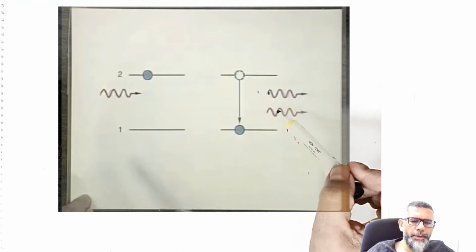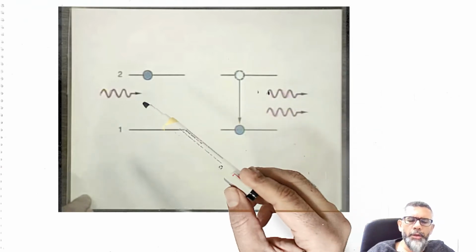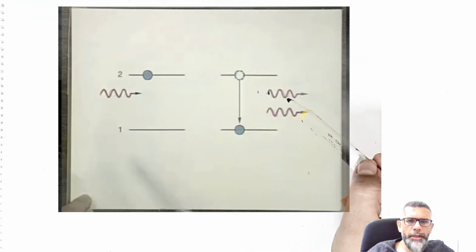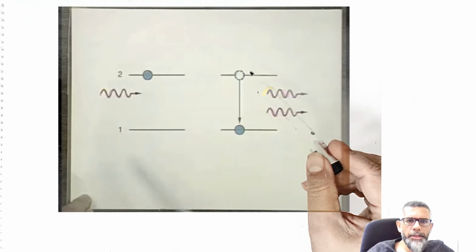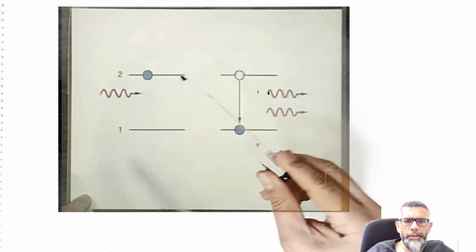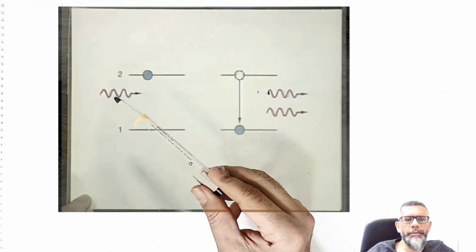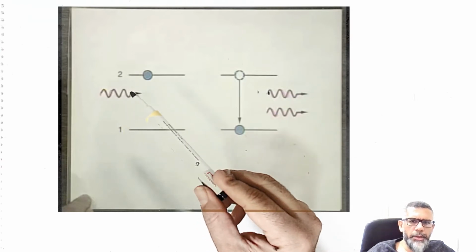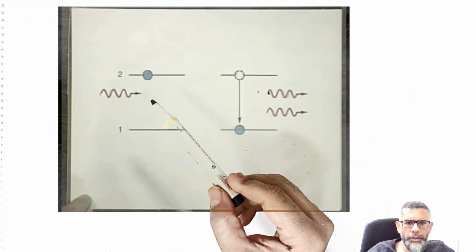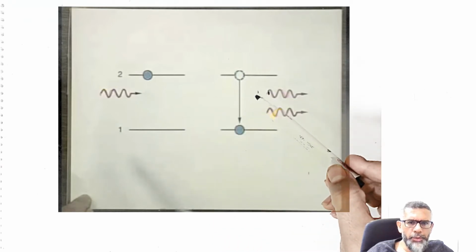This point is very important. The process produces an extra photon, but the extra photon is not spontaneously emitted in any direction. Rather, it goes in exactly the same direction as the incoming photon, and in addition it has the same phase.